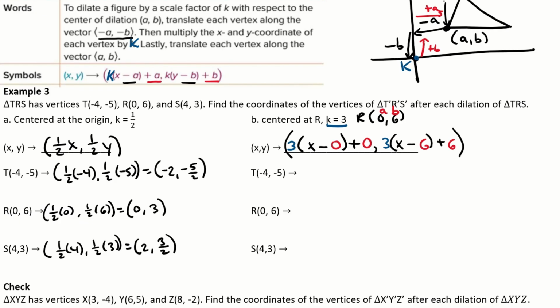The x minus 0 is just x, and adding 0 doesn't do anything.